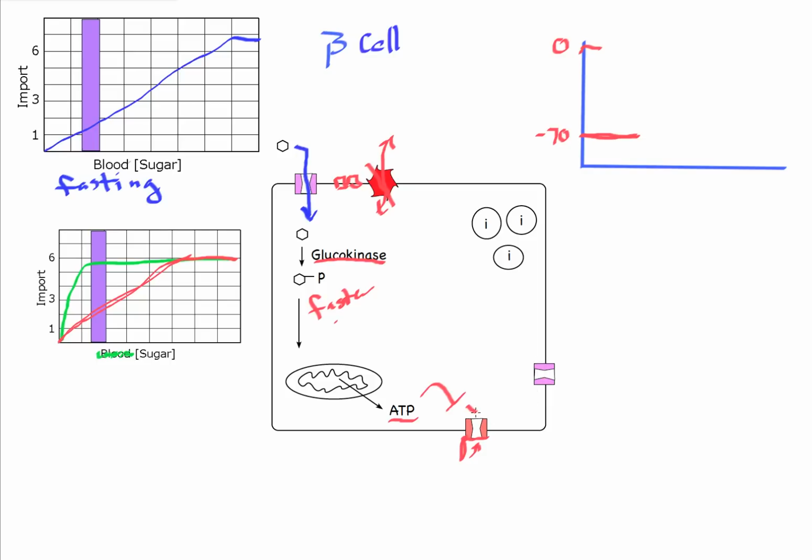Hopefully you realize that potassium at resting potential leaves the cell if a channel is open. Now the channel isn't open, so now that potassium isn't leaving.